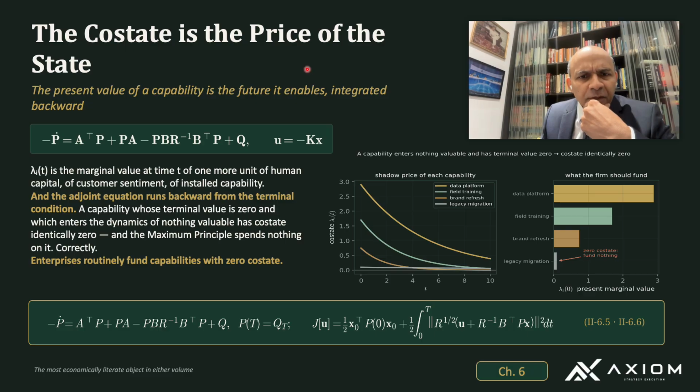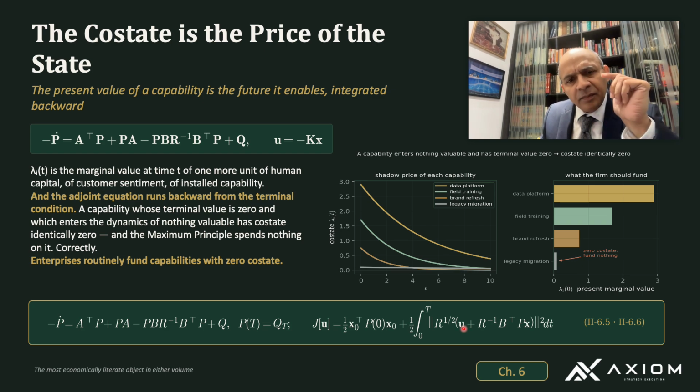Now, the optimal value decomposition, the J of u equation over here, says that the cost of any policy equals the minimum achievable cost, represented by this first term, plus a non-negative penalty measuring how far the chosen control u, that's over here, deviates from the optimal feedback control.